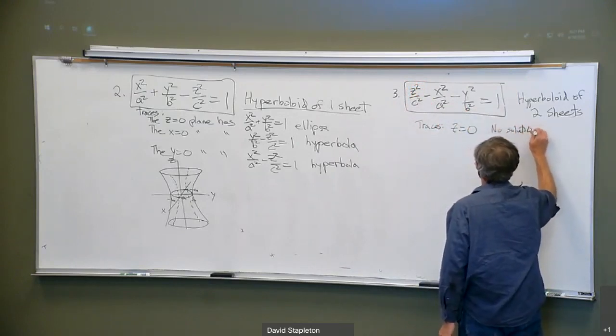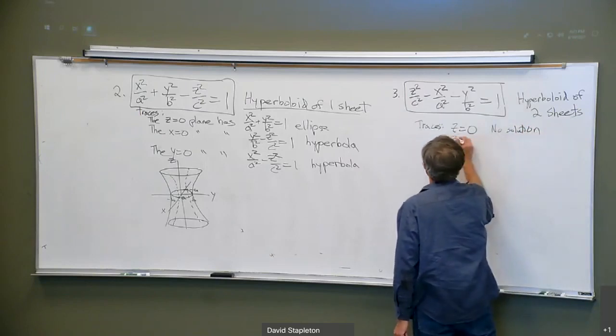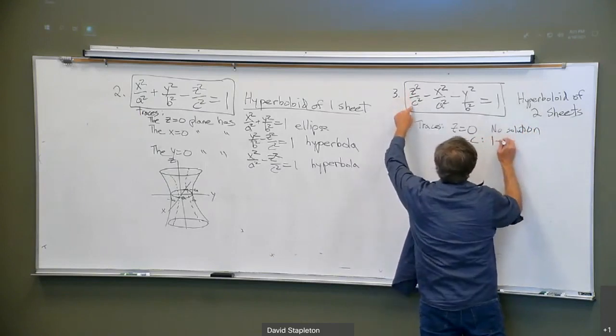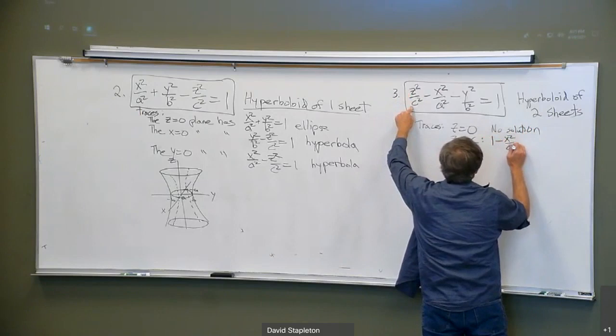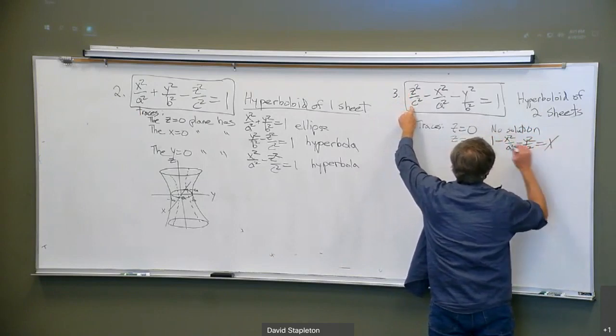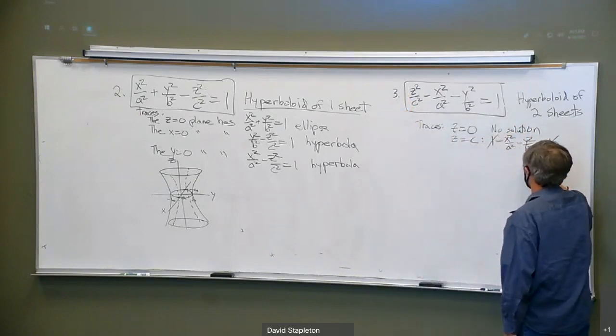Empty trace, right? But if I were to put z equals c, then I get c squared over c squared is 1, minus x squared over a squared minus y squared over b squared equals 1. These cancel. Now I've got minus x squared over a squared minus y squared over b squared equals 0.